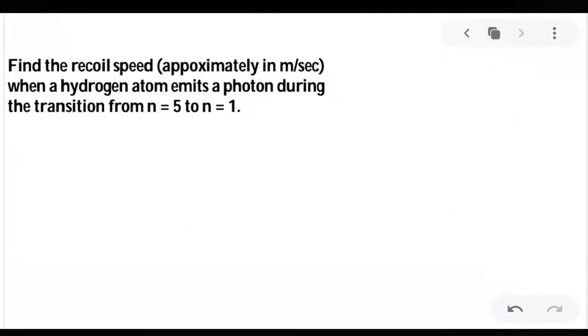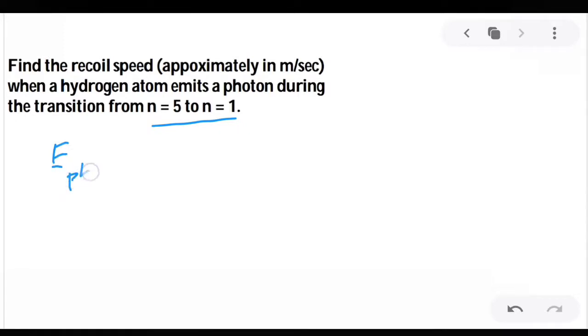So next question is an integer type question. The question is: find the recoil speed when a hydrogen atom emits a photon during the transition from n equal to 5 to n equal to 1. First let us calculate the energy of the photon.